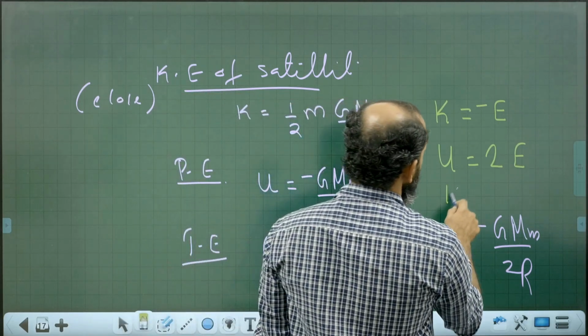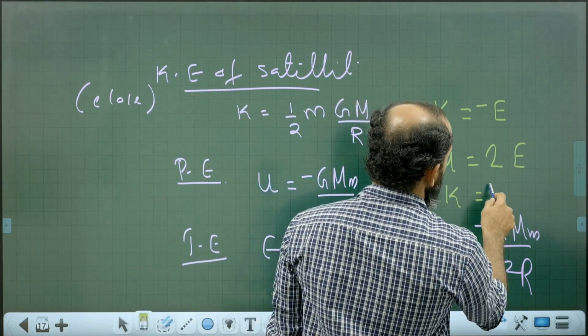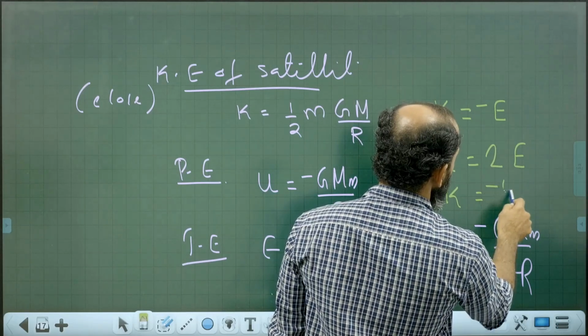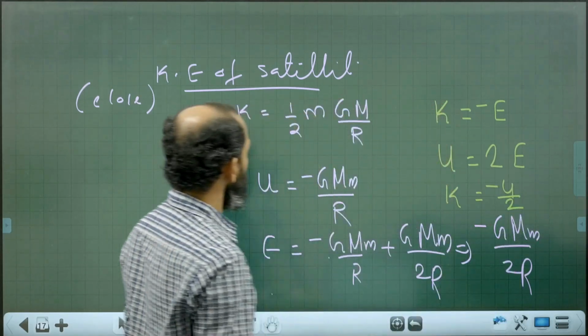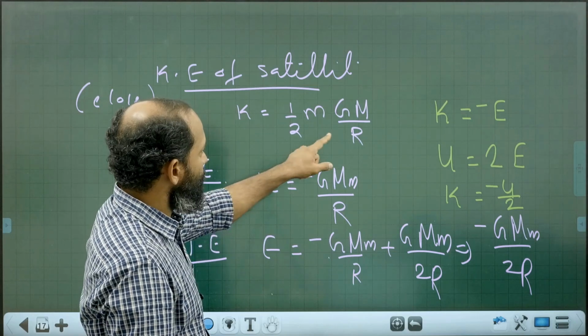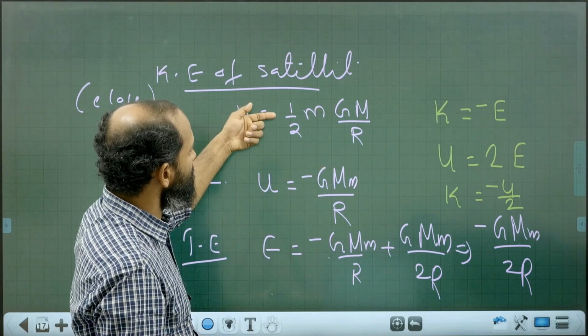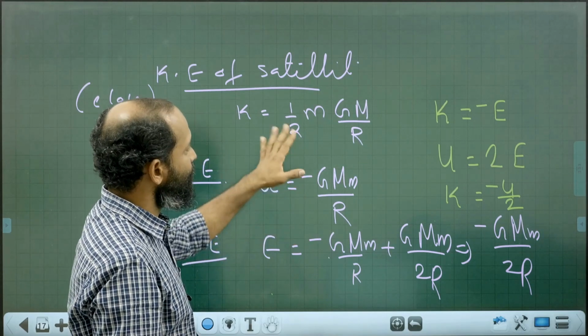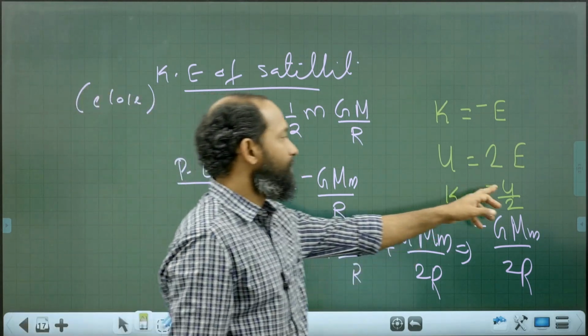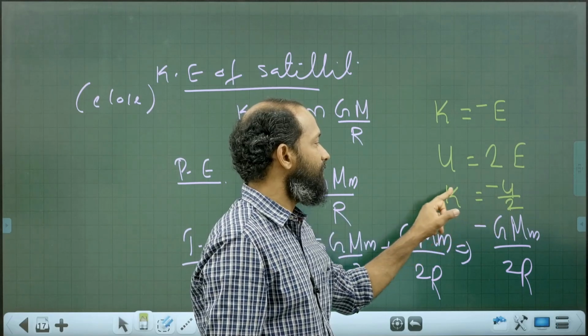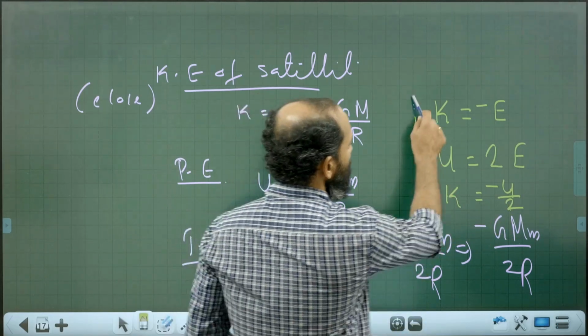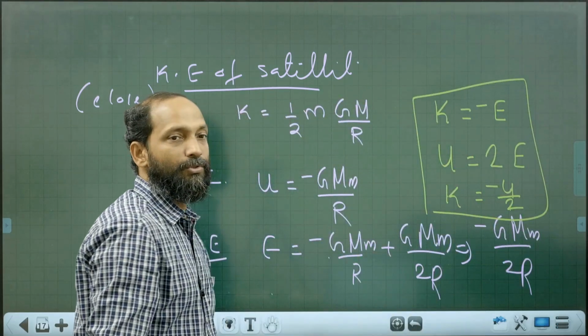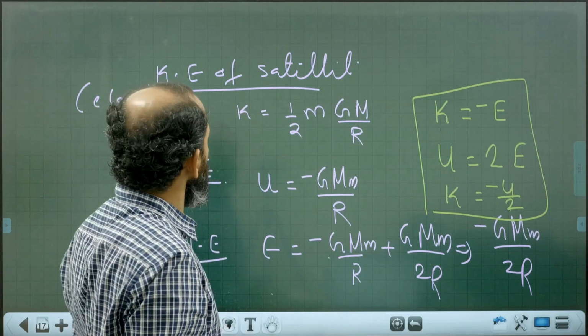Now kinetic energy is equal to minus of potential energy divided by 2. See, kinetic energy is equal to minus of potential energy divided by 2. Or potential energy is equal to minus 2 times kinetic energy. So these relationships are also to be noted.